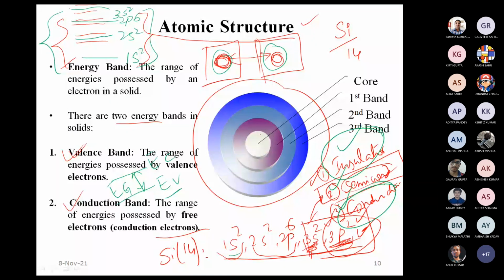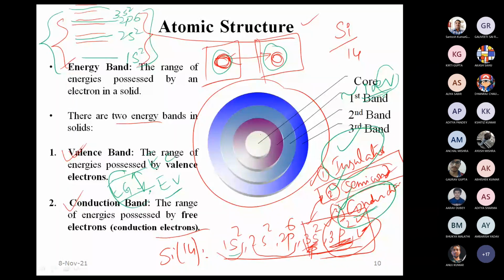The energy band gap is absent for conductors, and for insulators it is too large, say around 10 electron volts. The energy band gap is measured in electron volts, the energy needed to make an electron come from the valence band into the conduction band. So that is the energy band gap.